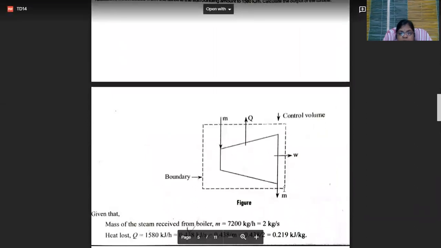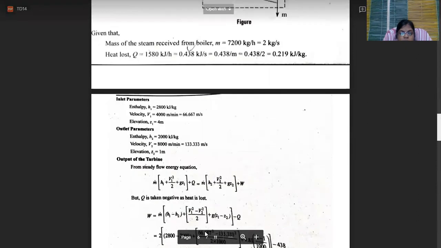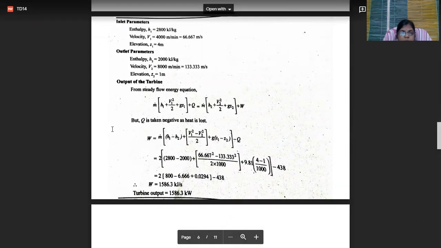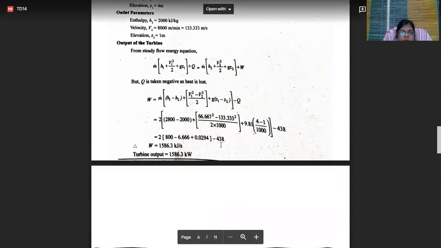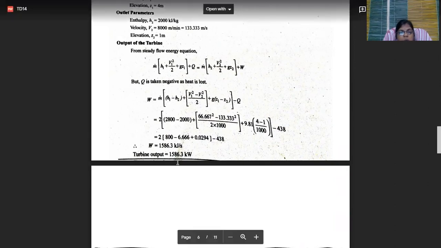The same here also. Inlet, outlet, mass in, mass out, work done by the system, Q loss. This is the boundary and control volume. So same problem, put all the values here. Here m dot is in kg per second, and here q is in kilojoule per kg, not kilojoule per second, because we want kilowatt.